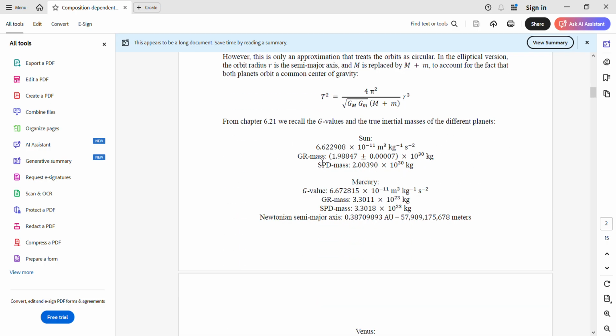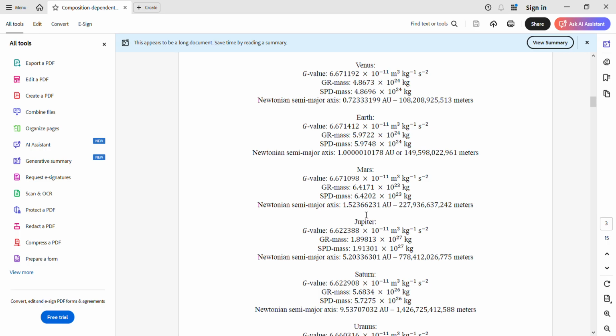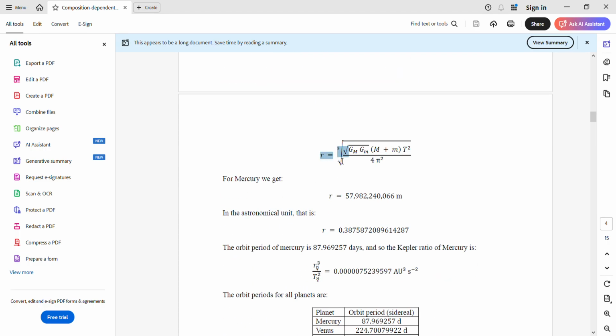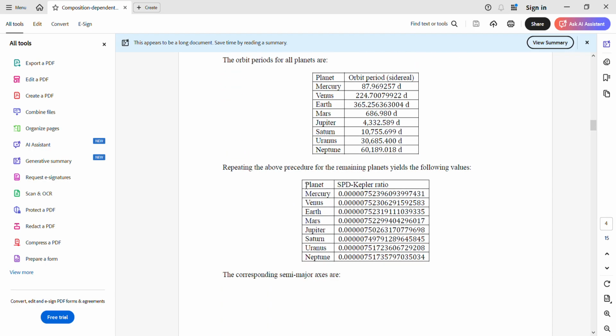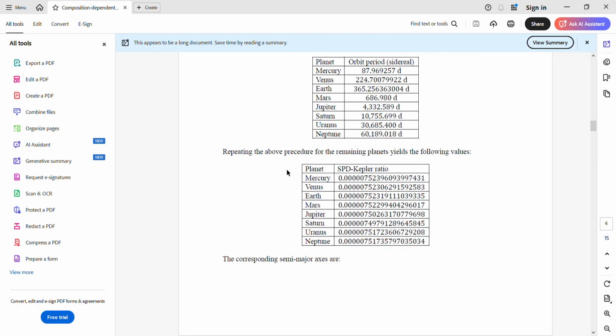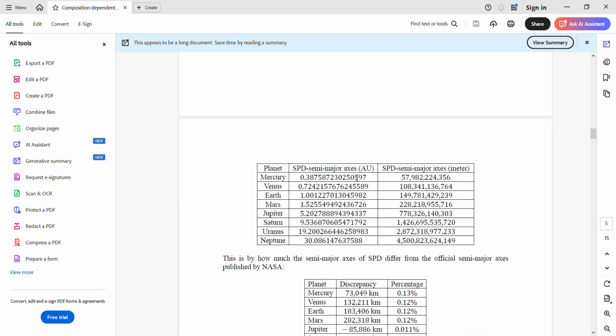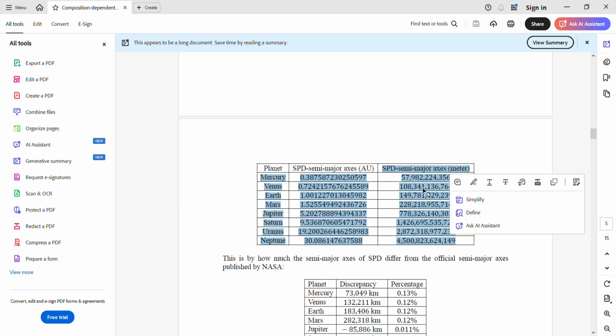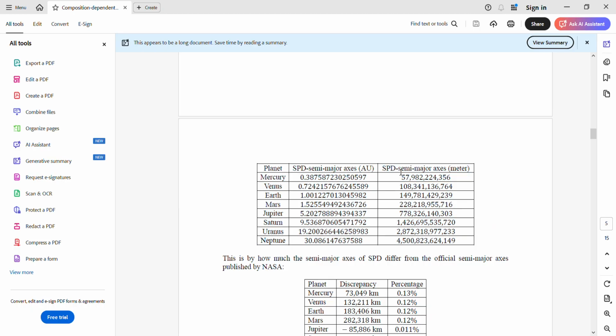So these are the Newtonian semi-major axes here in kilometers. And then using this formula here and using the g values of the different planets that I calculated in the chapter about the perihelion precession of Mercury, we can calculate the SPD Kepler ratios of the planets and the SPD semi-major axes, which is basically the radius of a planet.